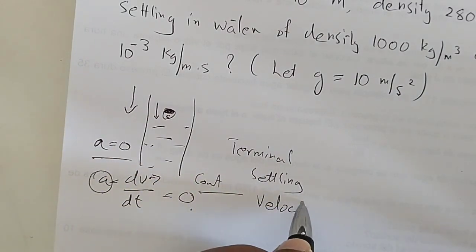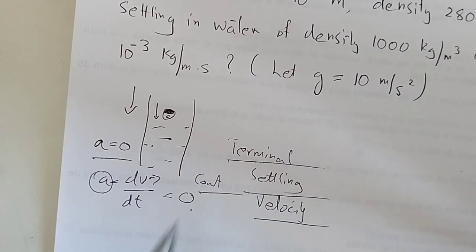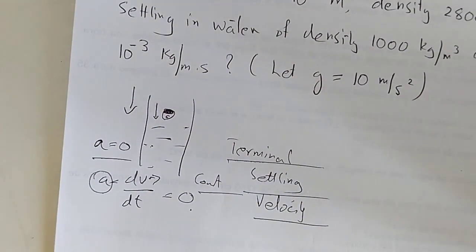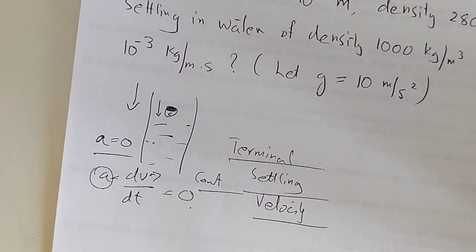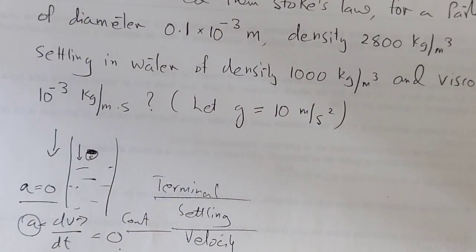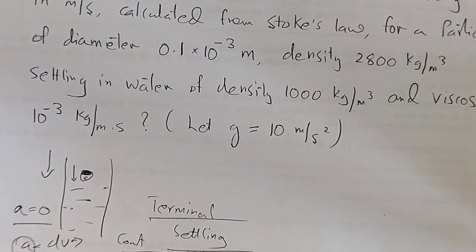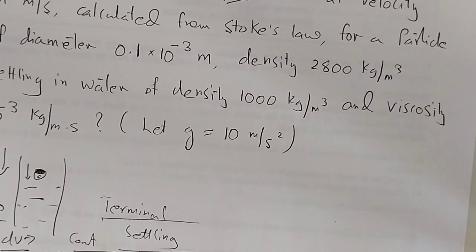And to calculate the terminal settling velocity, there are three different regions I use: Stokes region, Newton's region, and transition region. Of course, the drag force and all comes into the picture. Maybe I will discuss this in another problem.